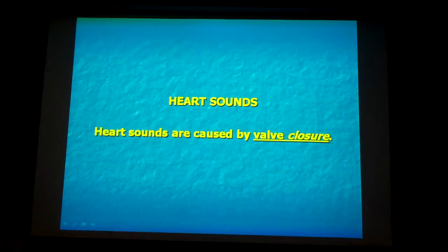Whereas if you've got, say, a damaged aortic valve, say that's tough and tight, stenotic, and doesn't open fully, you might hear turbulence, because blood is being forced through a smaller opening than normally it would flow through if that aortic valve doesn't open fully. So abnormal sounds are called murmurs, heart murmurs.